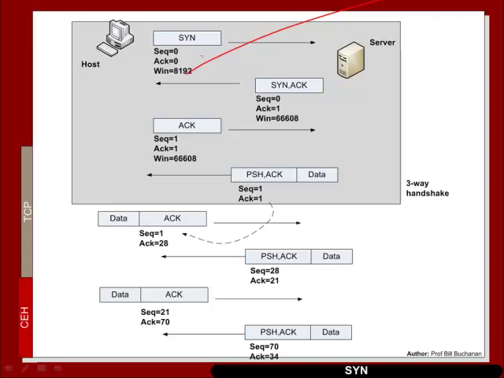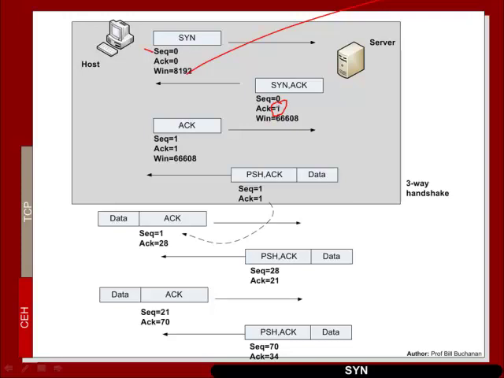Along with this, we get the concept of sequence numbers. So the sequence number is the sequence that we've actually sent. It's the number of bytes. So we can see here the SYN is sent, sequence 0. The ACK comes back and identifies the next value it expects to see.